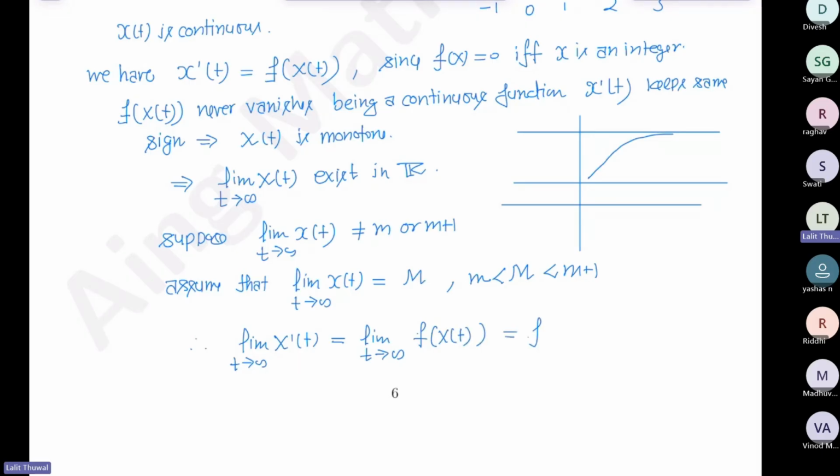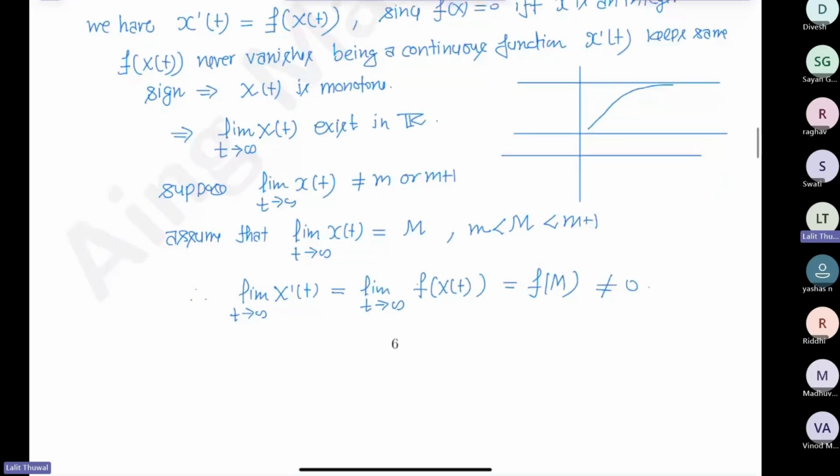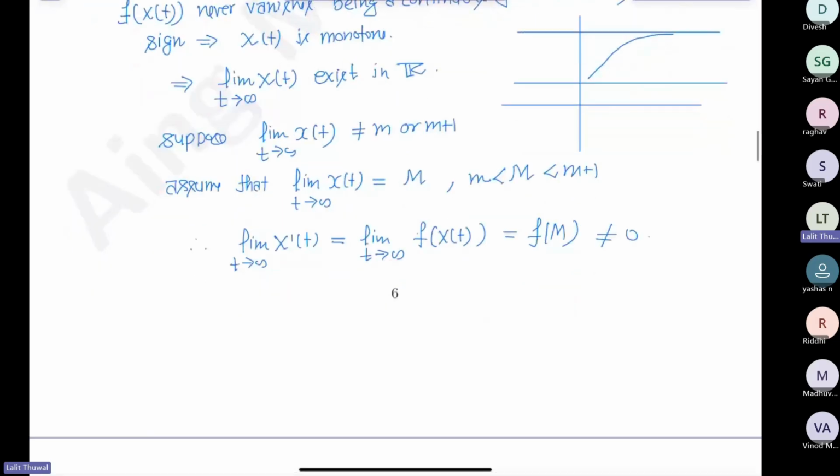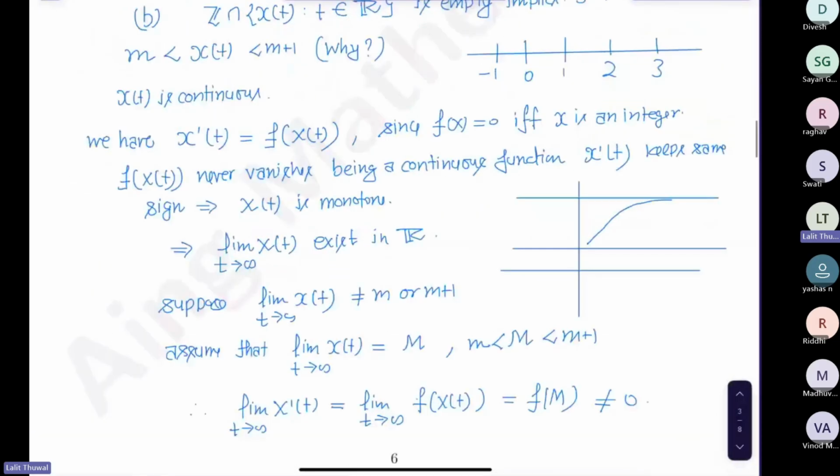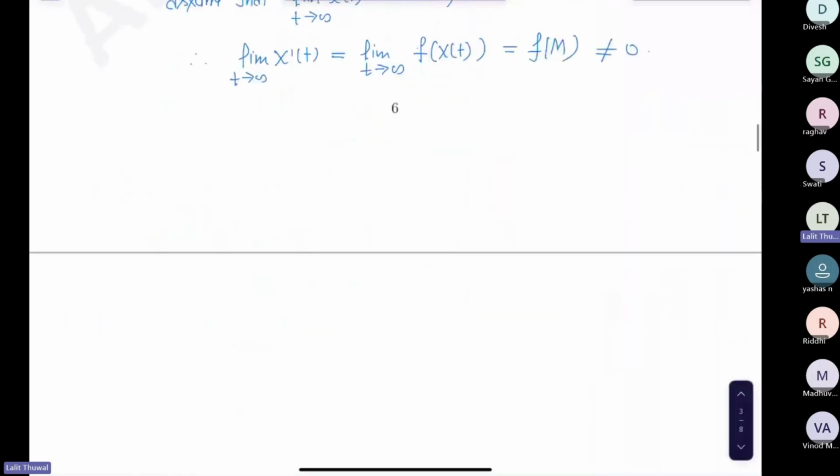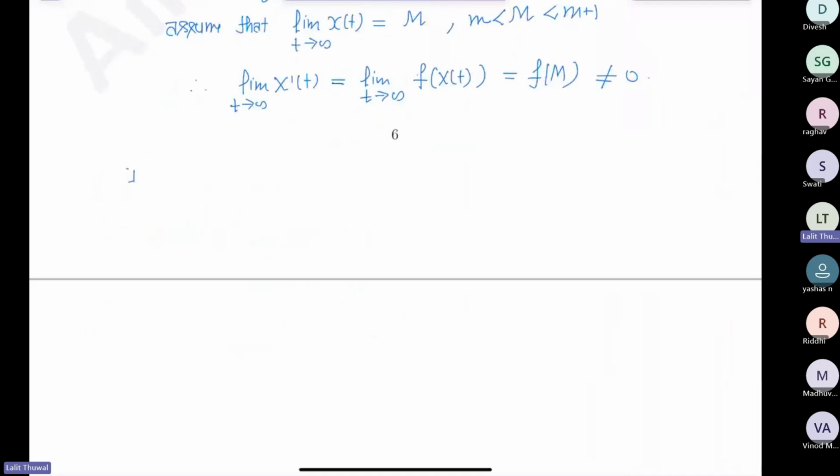So f(m) is not 0. That is a contradiction. But let me show you why that must be 0. It says not 0, but on the other hand, let me start with a new page. By the mean value theorem on this interval.